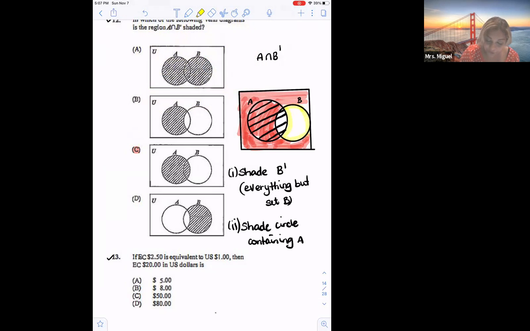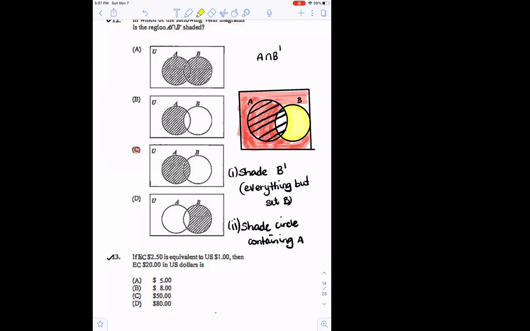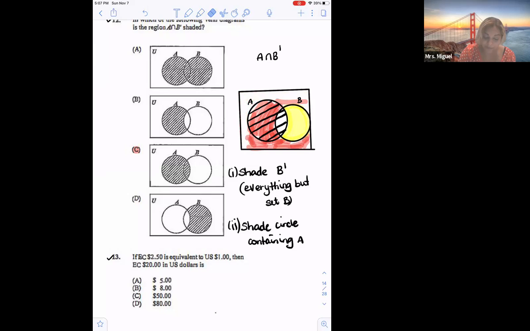So which of the options represents what I have here with the part in yellow unshaded? A, B, C, or D? C. If I just take out this part here, which one represents the diagram I have here? C, not so? Yes, C represents A intersect B complement.